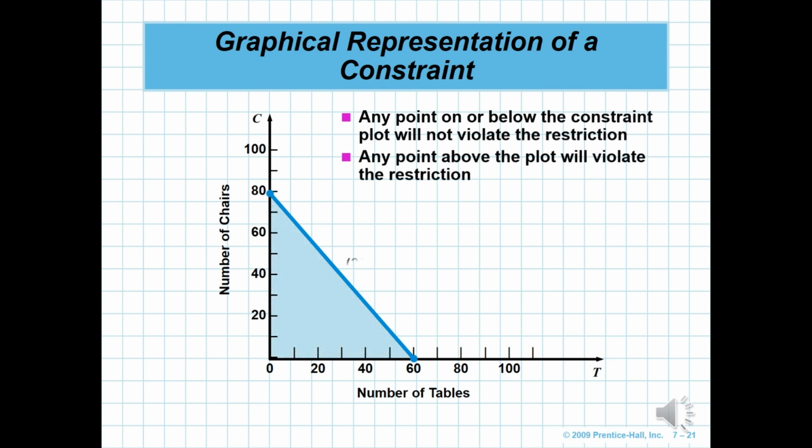Here we have to determine the feasible region for the first constraint. Any point on or below the constraint plot will not violate the restriction. This means that this is our maximum number of production for tables and chairs, and if we produce less than this maximum number, our solution is acceptable.